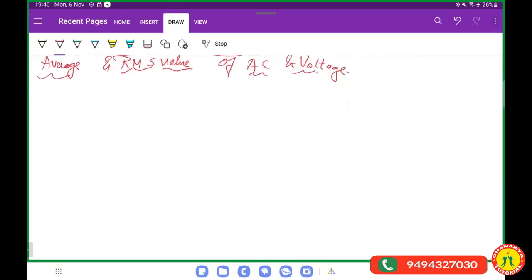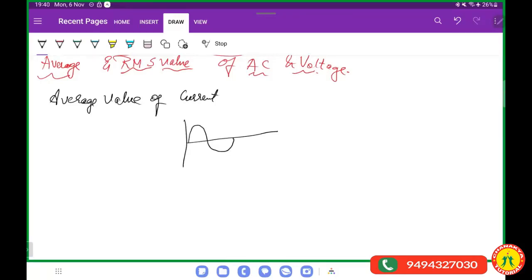Now, if I want to find the average value of current for this cycle, what is it? Come on, tell me. Here, let me give you some values like T, T by 2. What is the average value of this current cycle?